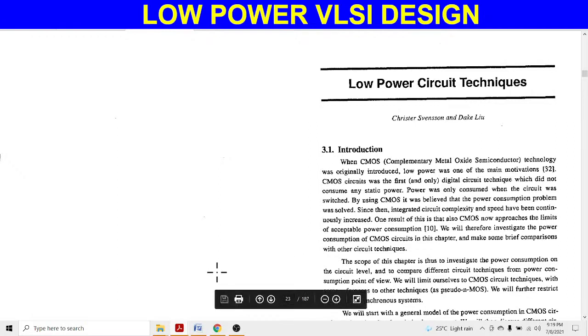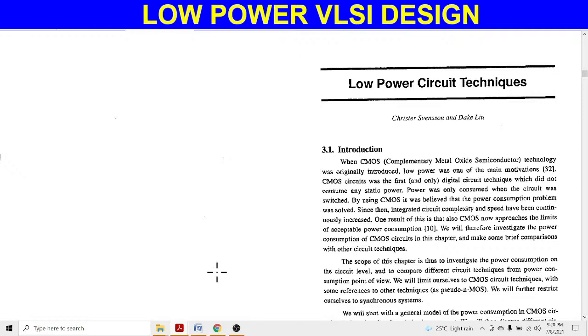So in CMOS technology, the power requirement is very low. But when miniaturization continuously proceeds and new technologies continuously come into play, the number of transistors used in a particular integrated circuit increases.